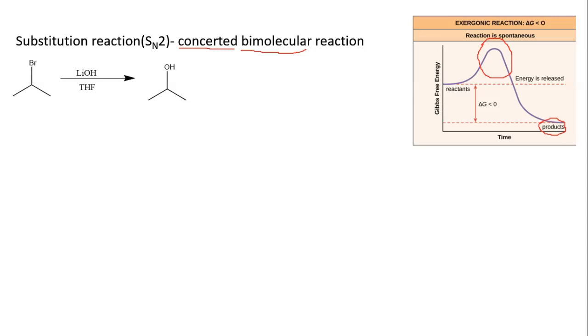So here we look at this secondary alkyl halide. We have a nucleophile, and the nucleophile in lithium hydroxide is the hydroxide ion. Since this is a secondary alkyl halide, the bromide leaves, it's our leaving group.